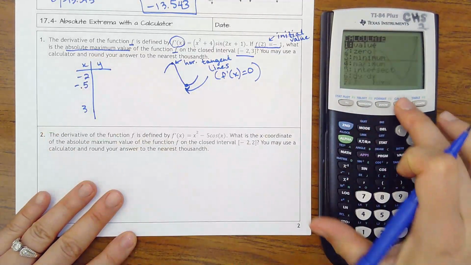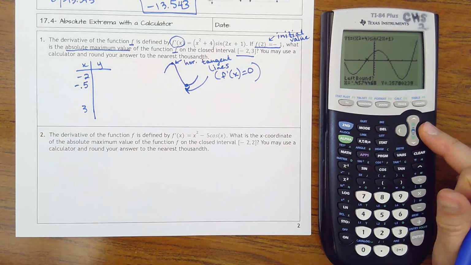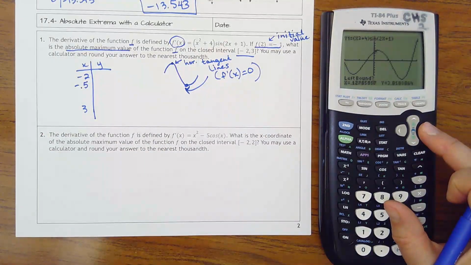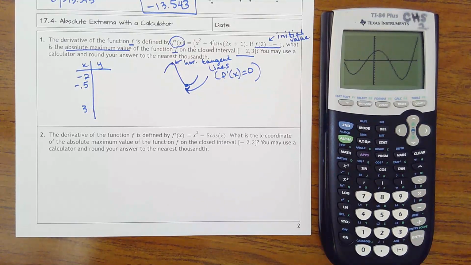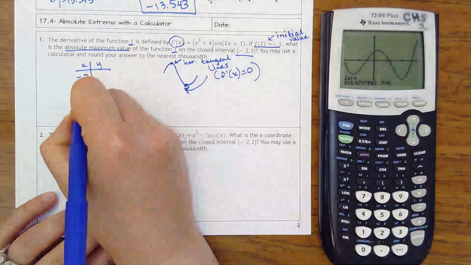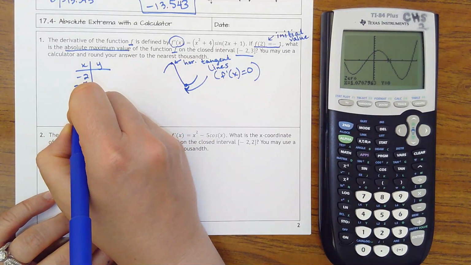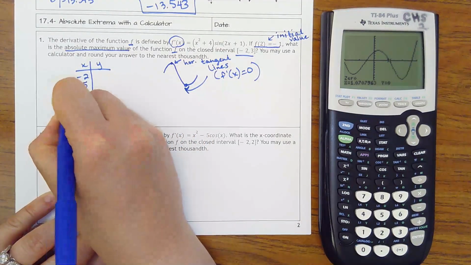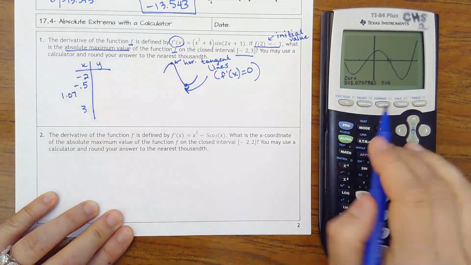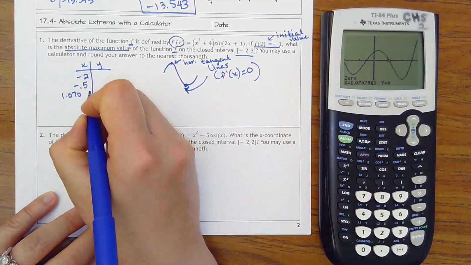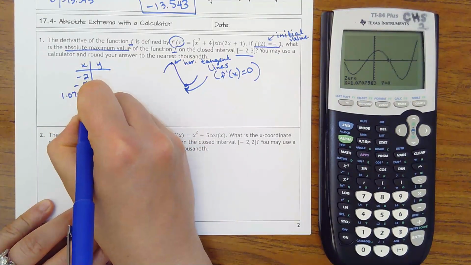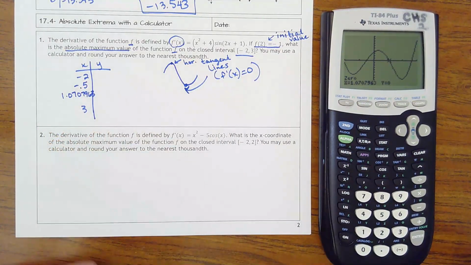Okay, you have to do second calc 0 again. I'm going to go to the other x-intercept. Enter. Enter. Enter. That's 1.0707963. I'm going to keep it all the same, just in case it affects my rounding later.